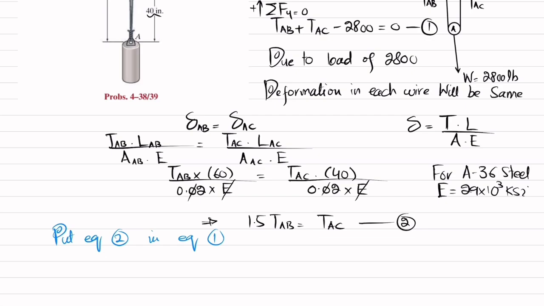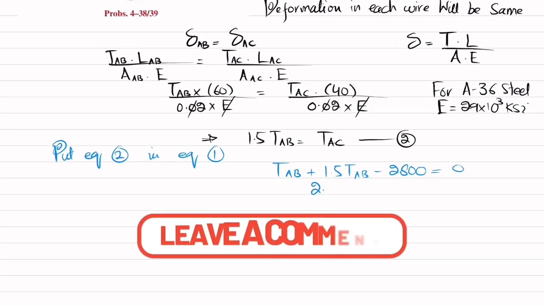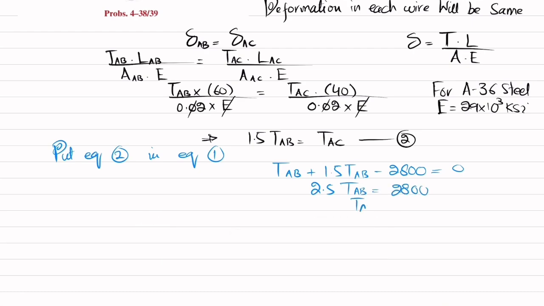So I will write TAB plus, instead of TAC, 1.5 times TAB minus 2800 is equal to 0. So 2.5 times TAB will be equal to 2800. So TAB will be equal to 2800 divided by 2.5, which will give you 1120 pounds.